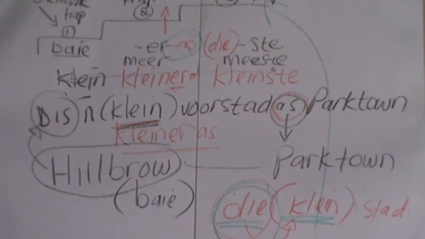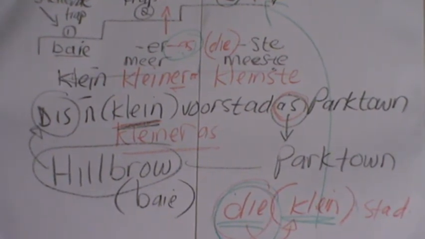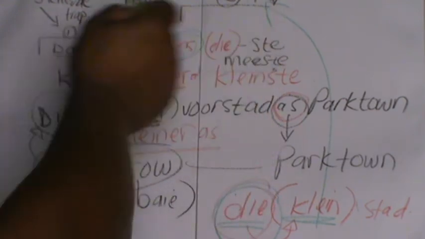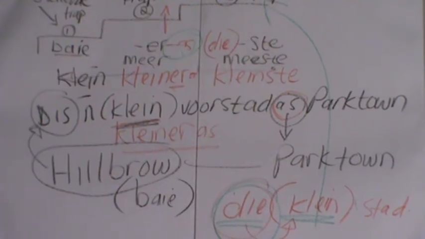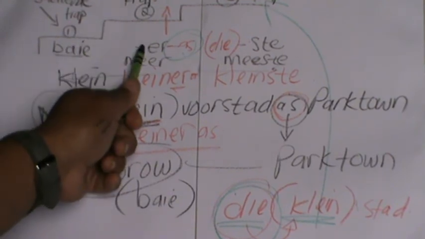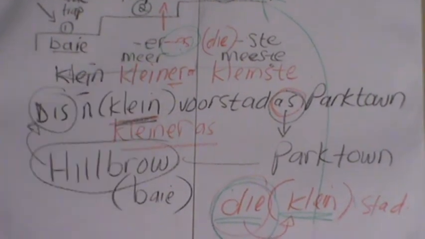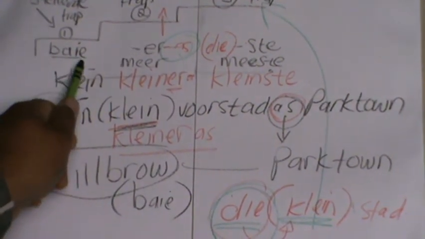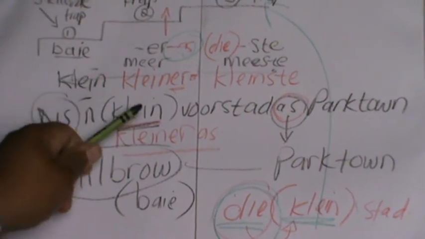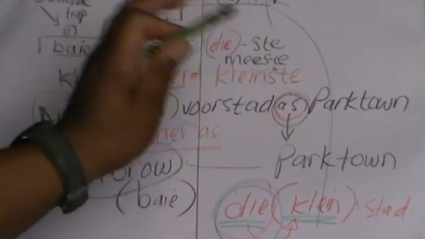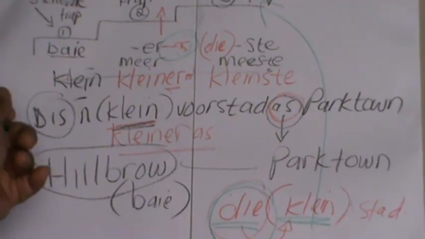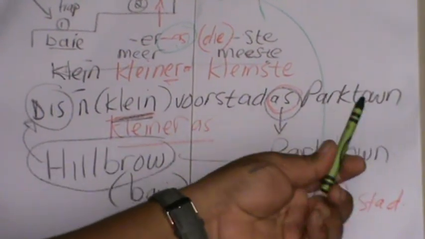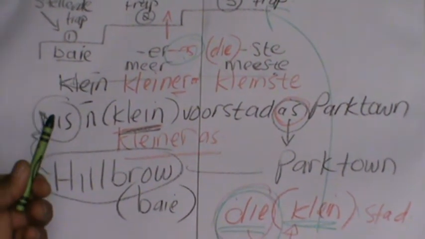They will also test you putting it in oortreffende trap, which is number 3, the third step, or they will test you by putting it in vergrotende trap, which is step 2. Then they will ask you to bring it back into stellende trap. Alright, so always make sure that you know either way, right? So test yourself, going to the third step, test yourself, coming back to stellende trap.